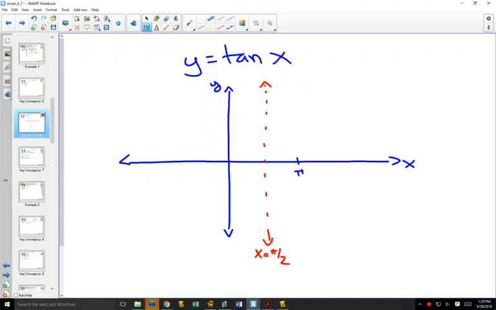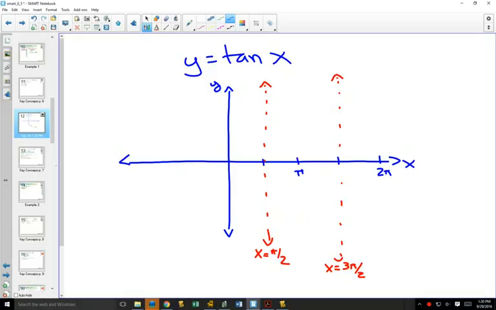This would be pi. 3 pi over 2, there will be asymptotes. And here would be 2 pi. So if we still make from 0 to 2 pi on our positive x-axis there, at pi over 2 and 3 pi over 2, you're going to have asymptotes.